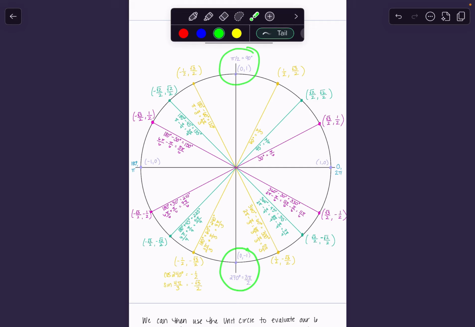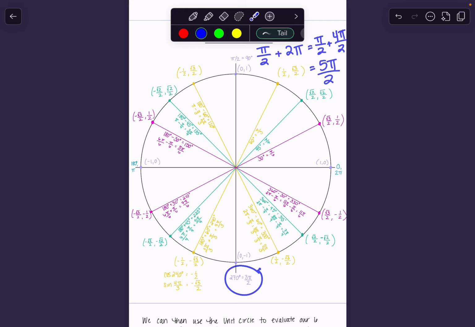So 90 degrees, 270, pi over 2, 3 pi over 2, or again, any angle that's coterminal with these. So if you take pi over 2 and go 2 pi around, that would be pi over 2 plus 4 pi over 2, which lands you at 5 pi over 2. So pi over 2 and 5 pi over 2 are coterminal. 3 pi over 2 is the odd one in between.